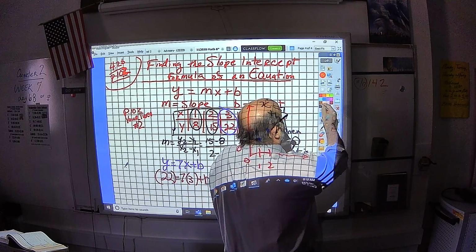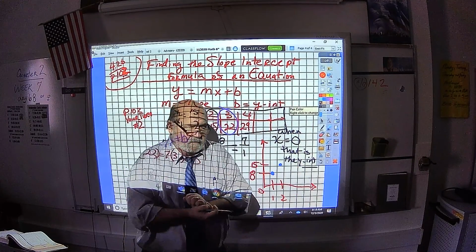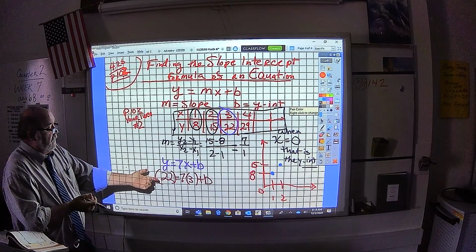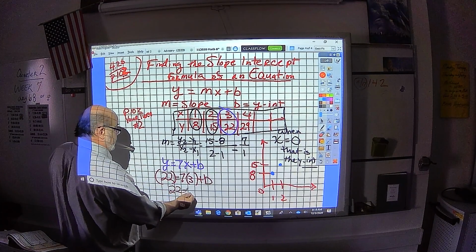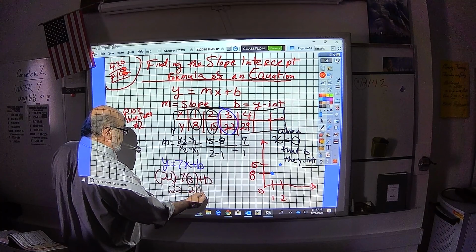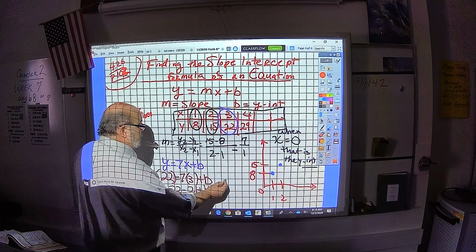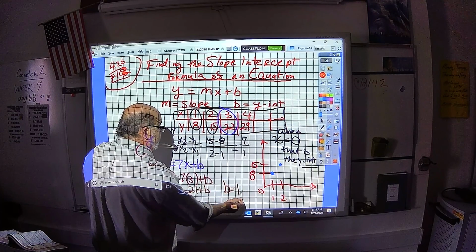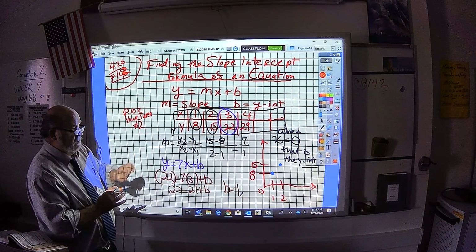I'm the old guy that's been doing this forever. What I know to be true is that this means 22 equals 21 plus b. So b equals 1.